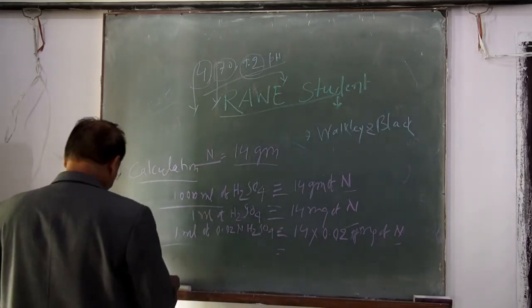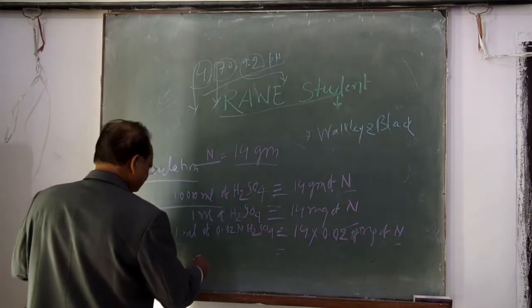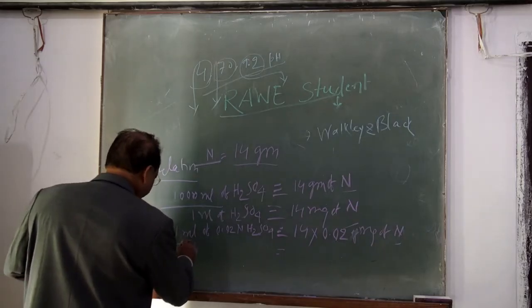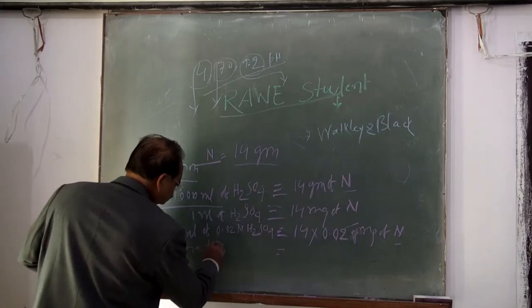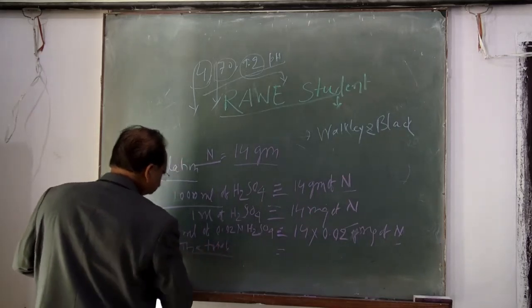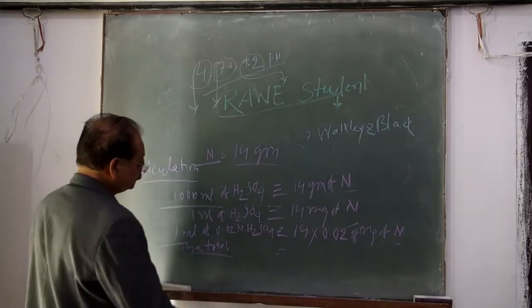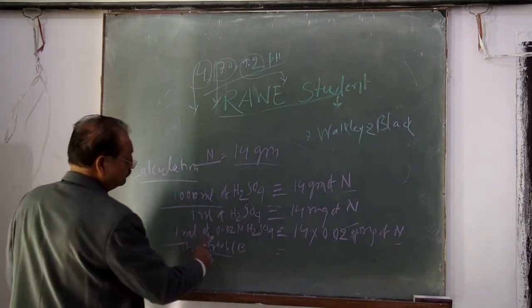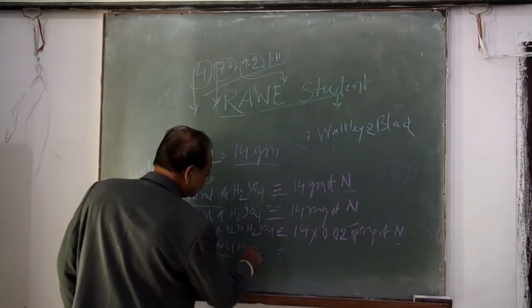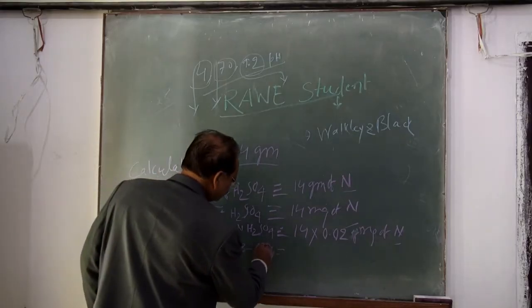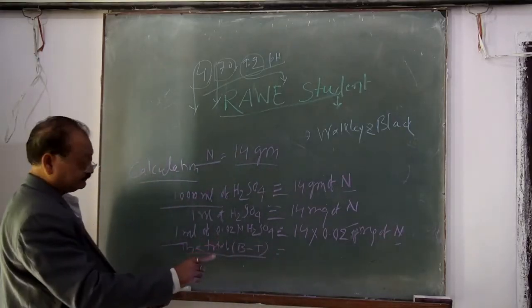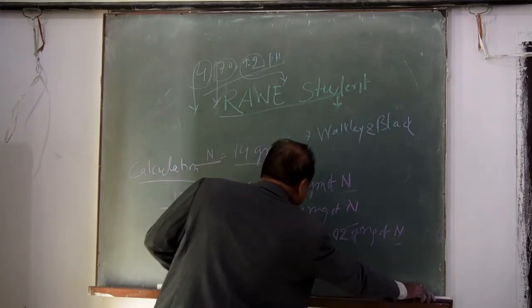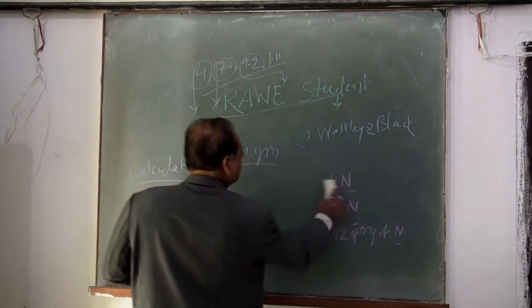So you can say like this: the titrated value means the value of blank titration minus the value of soil titration is called the titrated value.